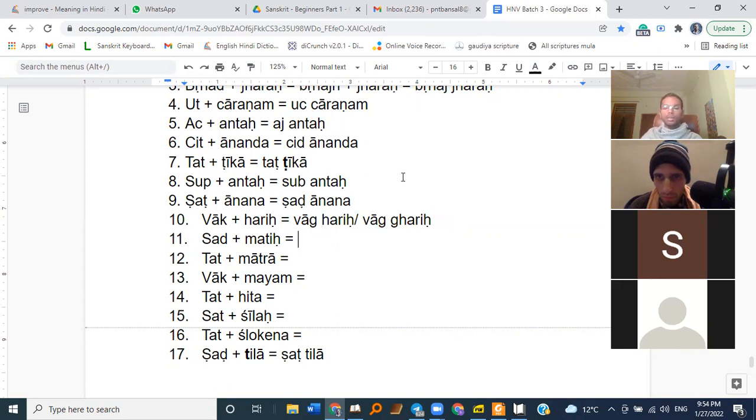Sad Yukt Matihi. So which sutra should be applied here? Hari Venurva. So San Matihi. And optionally, because that's an optional rule, so optionally 61.